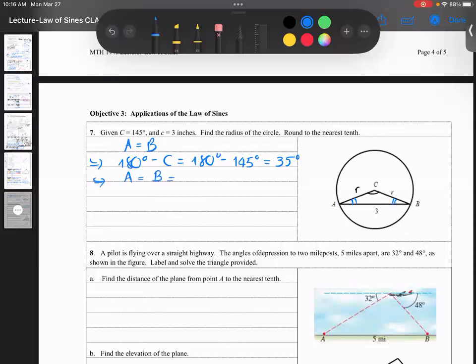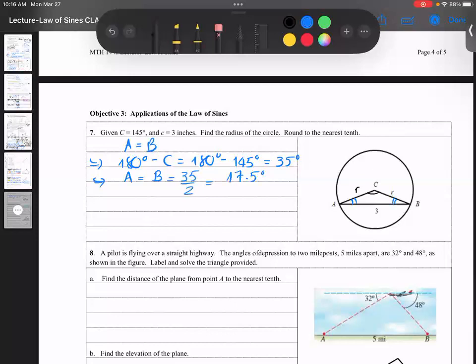Just split it in half. Angle A equals angle B, which is 35 divided by 2, which is 17.5 degrees. Now it's easy. Now can you calculate? You can use law of sines to figure out R, the radius.